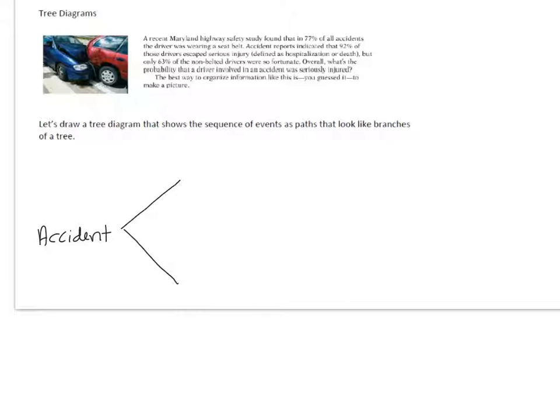The accident could have occurred with a driver wearing a seatbelt or no seatbelt. So SB and NB meaning seatbelt, no belt. And the percentages that are associated were 77, so a probability of 0.77 and then a probability of 0.23. So off of each branch, I'm going to have what the event is, that you wore the seatbelt or you didn't, and then the corresponding probability.